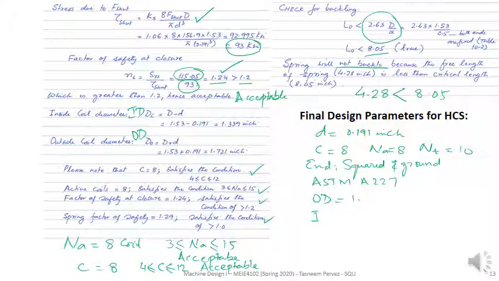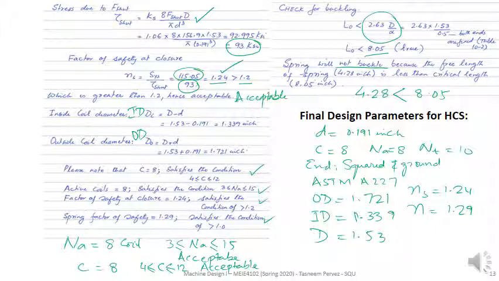Okay, so I'll go back. The OD is 1.721 and ID is 1.339. Factor of safety against solid is 1.24 and the factor of safety of the spring is 1.29. Right? Do we have all the parameters? I think so. We have the mean coil diameter, spring index, outer diameter, active coil, solid length.